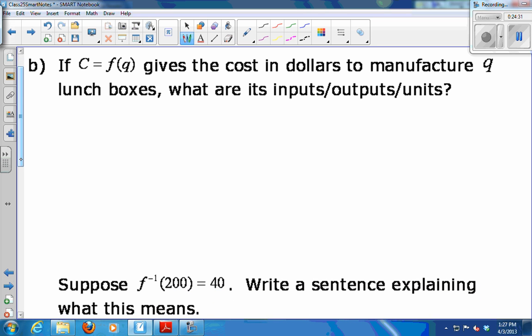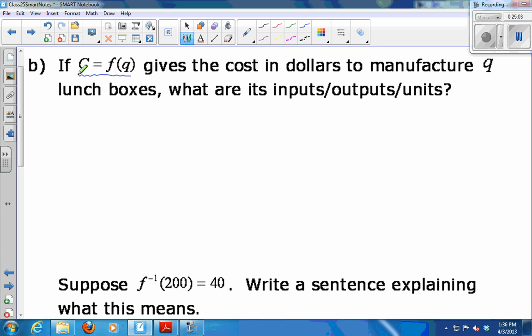All right, so in your groups, I want you to do B and C. So let's discuss. C equals F of Q gives cost as a function of the number of lunch boxes. This is a helpful, handy little trick, to be able to read the notation like an English sentence. This says cost is a function of Q, right? C is a function of Q. That "function of" part, that's your input.